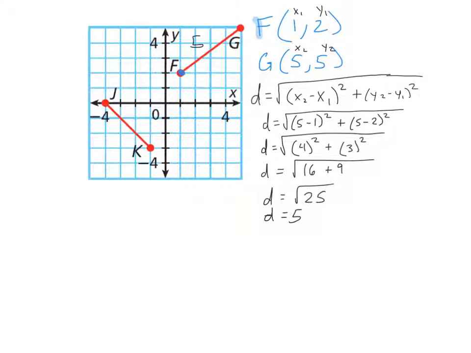So now let's find the length of J and K. So what are the coordinates for J? Remember, we do the x first, so it'd be -4 because we're going to the left 4. And K is -1, -3.